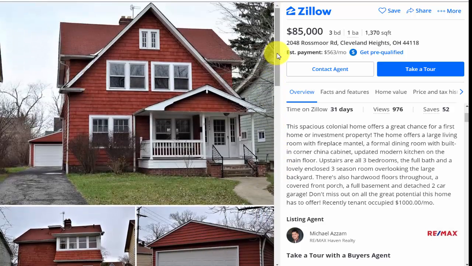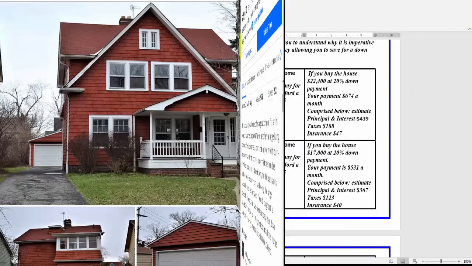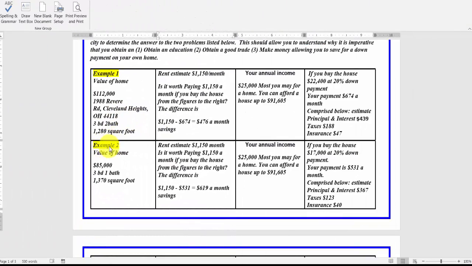Okay, looking at example 2: the value of the home is $85,000 for a 3-bedroom, 1-bath with 1,370 square feet. Again, you have to determine whether 1 bath is worth it for the larger square footage. You have to make that call.